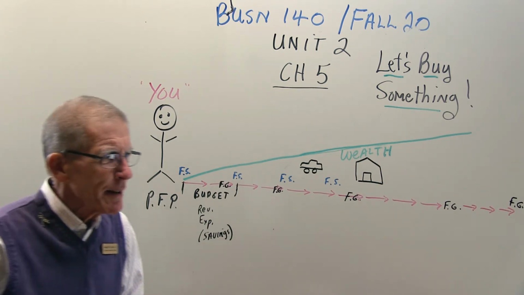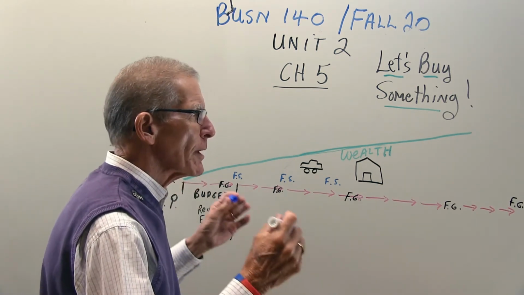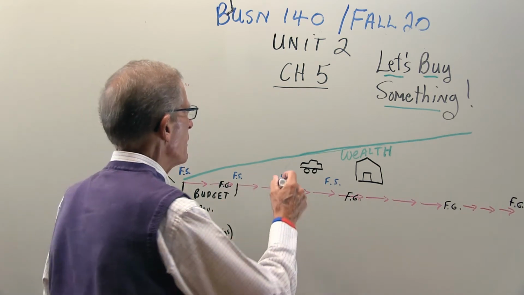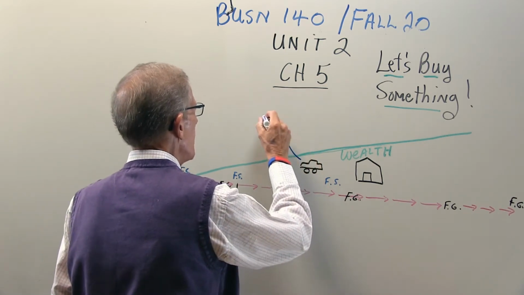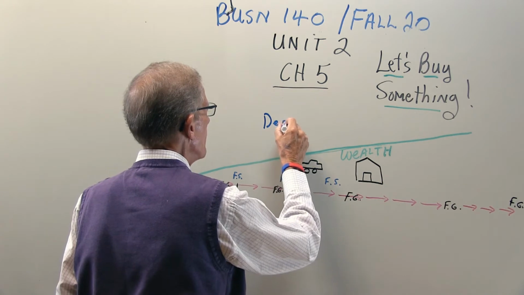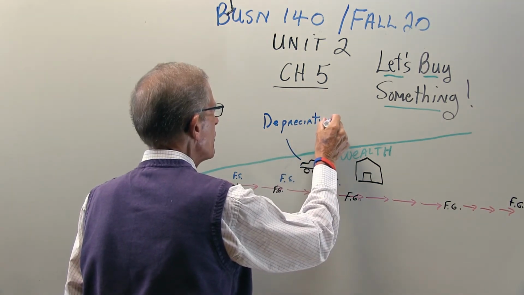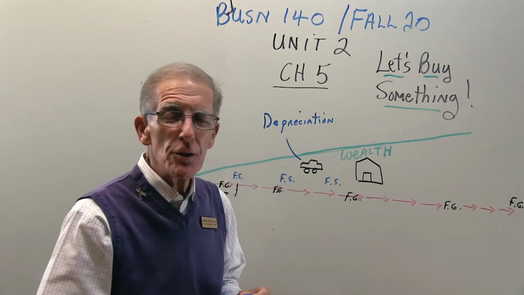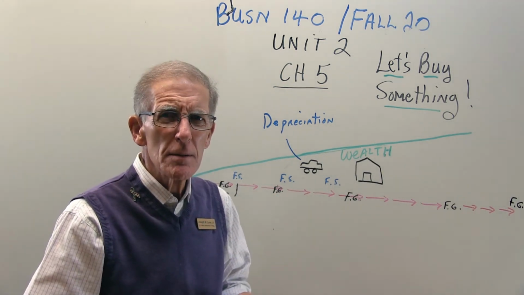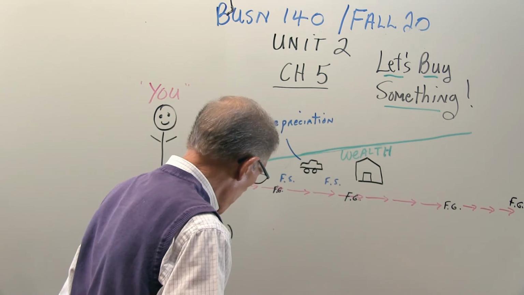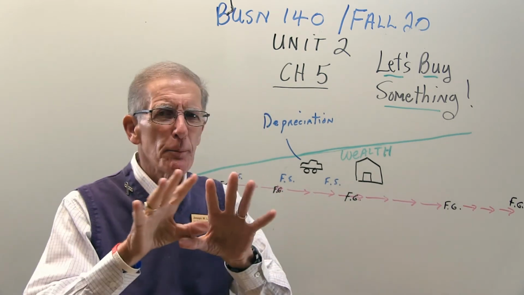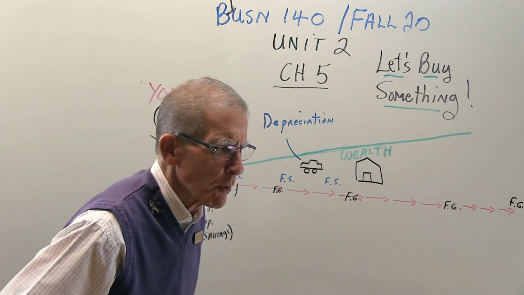Now, something I did not put on your handout, but it's something that's really important, and it's something that I want you to know, and it has to do with depreciation. What is depreciation? I know you probably do. You may not be sure you can put it in exactly the right words, but I know what depreciation is.